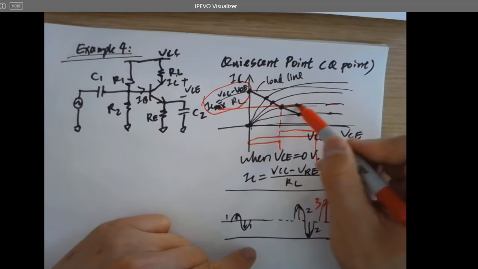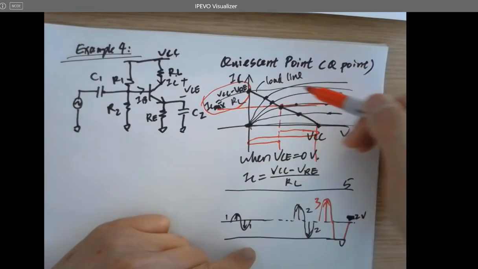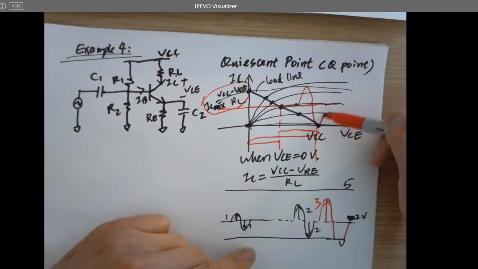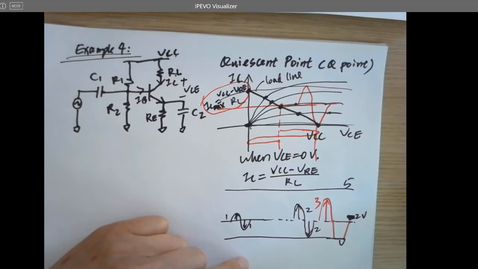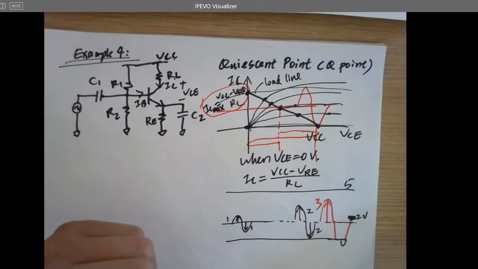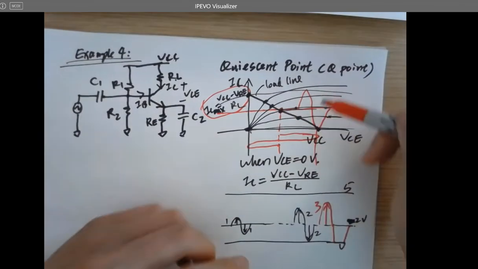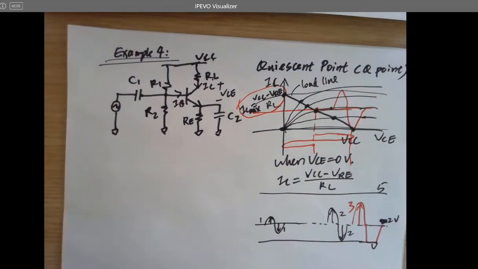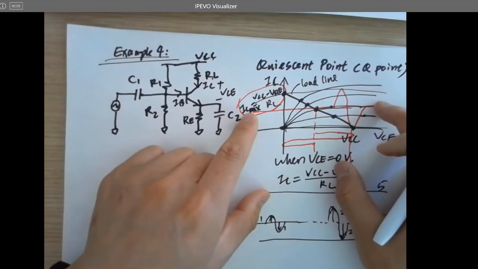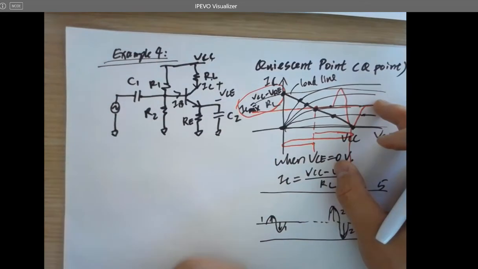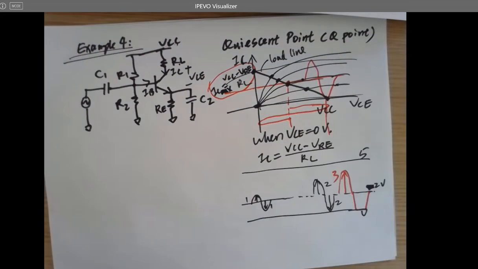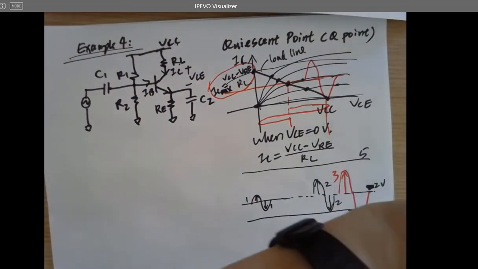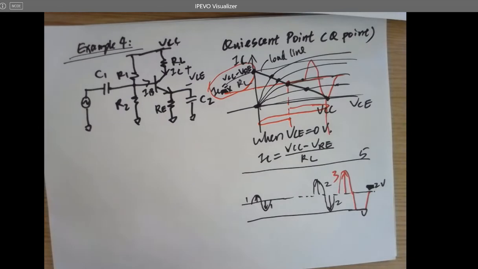And your IC will swing like this. Just follow all the curves. Okay, keep in mind one point. Find out the maximum IC first, and then divide by 2. So that's an appropriate Q point for the transistor.